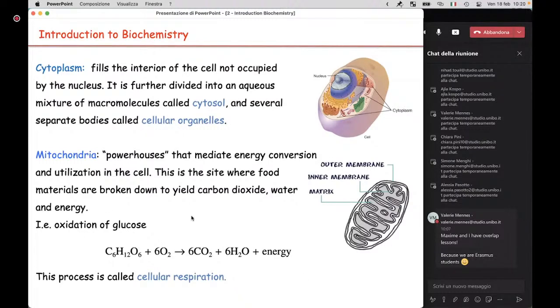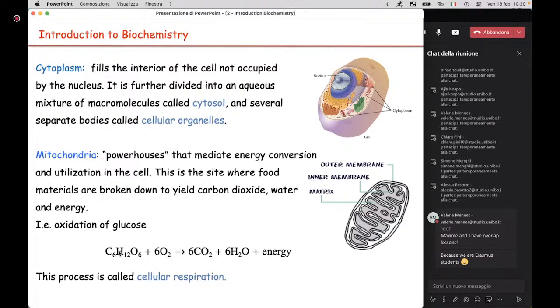The most important reaction producing energy is this one, where we have an organic compound, in this case a sugar, glucose, which is, let's say, the most iconic energetic molecule. And this organic compound is oxidized by oxygen, of course, to carbon dioxide and water.